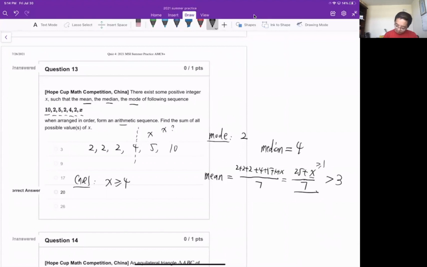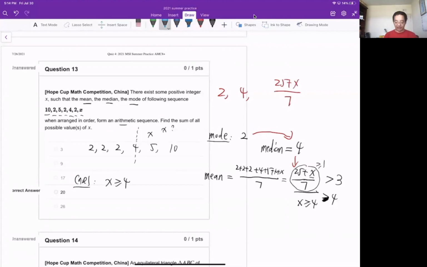an arithmetic sequence. Now the point is, if x is no less than 4, then the mean clearly will be bigger than 4. So for this case, the arithmetic sequence is in the form from 2 to 4 and from 4 to the mean. So we have 2, 4, and (25 plus x) over 7.